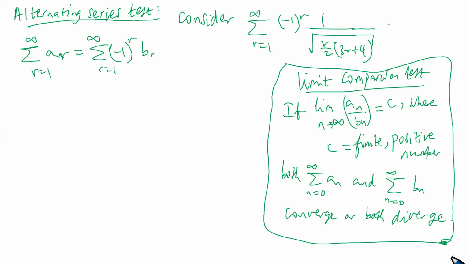So now you have the limit comparison test. If this is that, where c is a finite positive number, both these converge or diverge. Okay, so that is what we say.